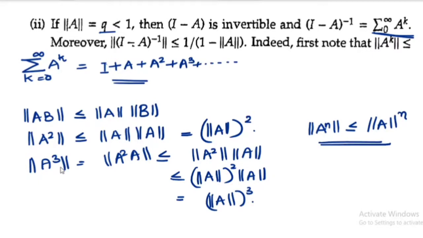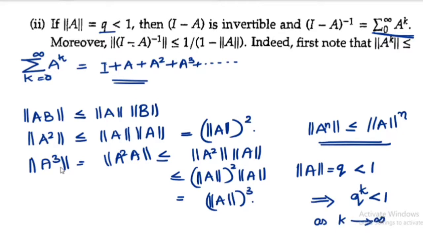Now, given norm of A equal to q and q is less than 1, q raised to k is clearly strictly less than 1, and as k tends to infinity, q raised to k tends to 0.